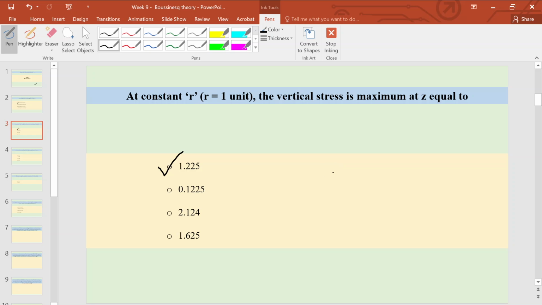What is the relationship between R and Z for maximum vertical stress? R by Z is equal to 0.817. Very good.